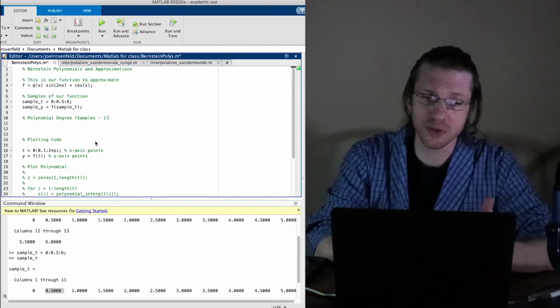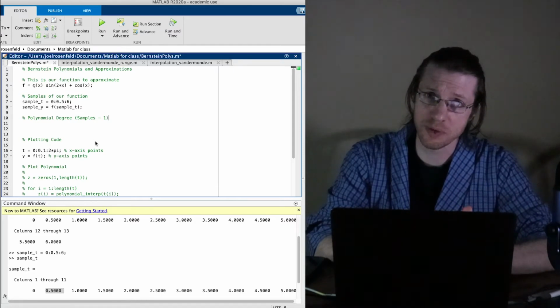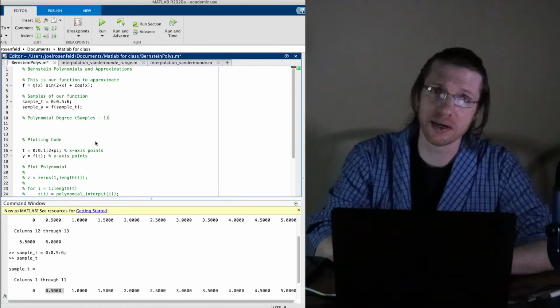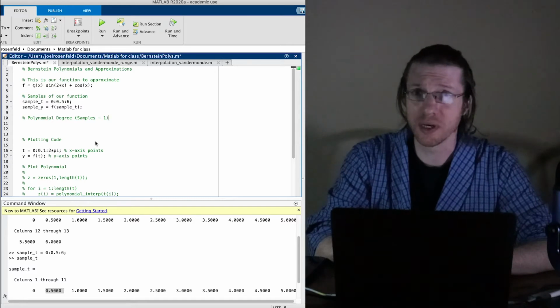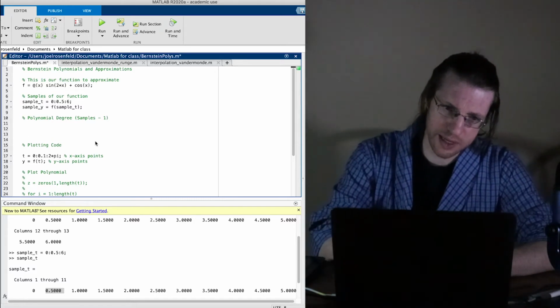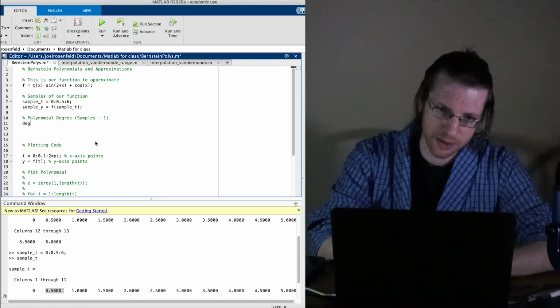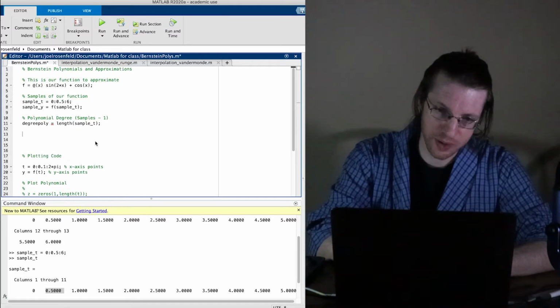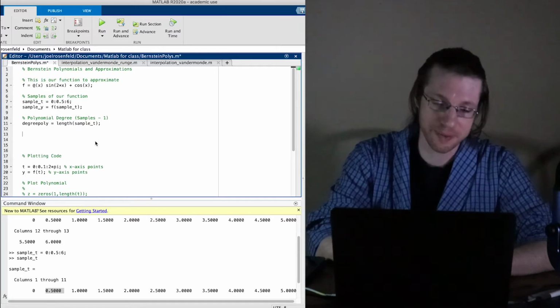That tells you that if you have n plus 1 samples, then you need a polynomial of degree n. So let's call this degree poly, equal to the length of sample t. And we're going to need to use that.